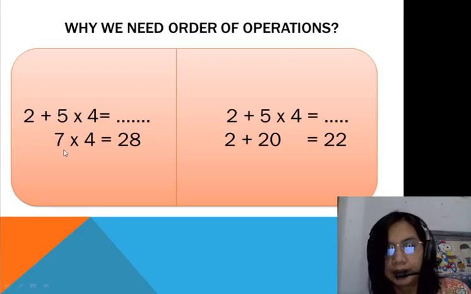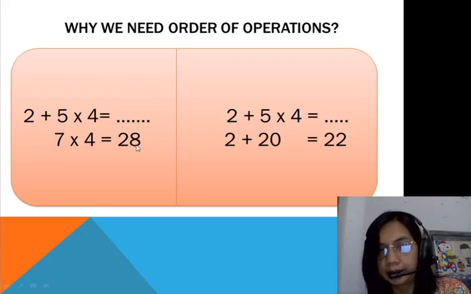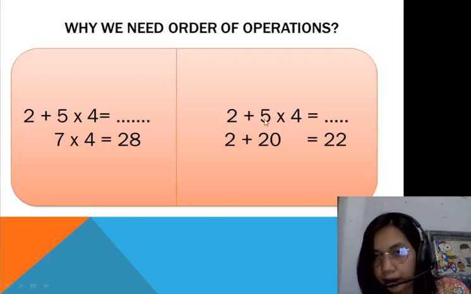Then times 4 equals 28. And how about the second person's answer? This is the same expression, 2 plus 5 times 4 equals, okay?